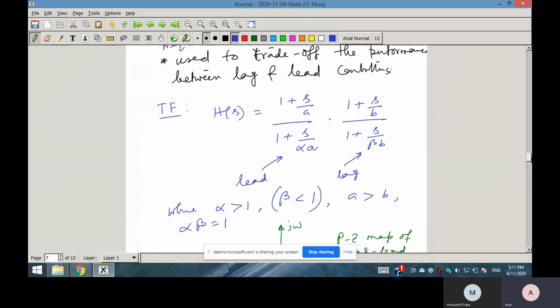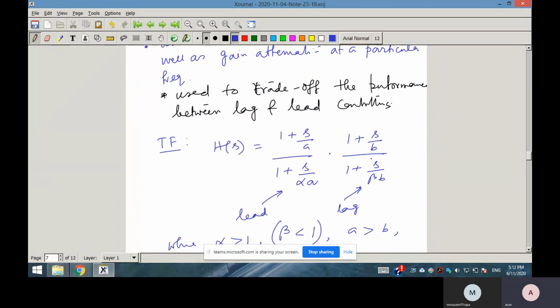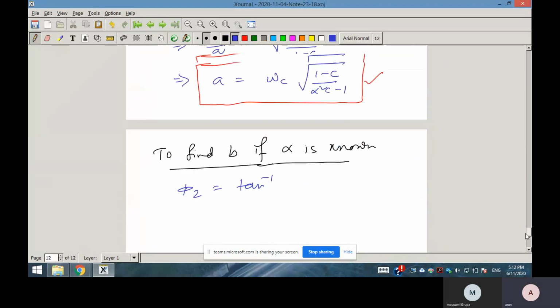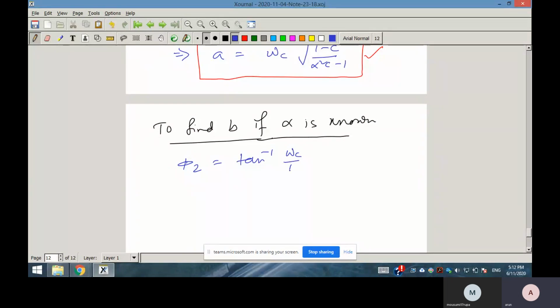The lag part transfer function gives tan inverse of omega c by b minus tan inverse of omega c by beta b. So what is phi 2? Note phi 2 is negative. So actually minus phi 2 is the negative phase; this phi 2 is negative.